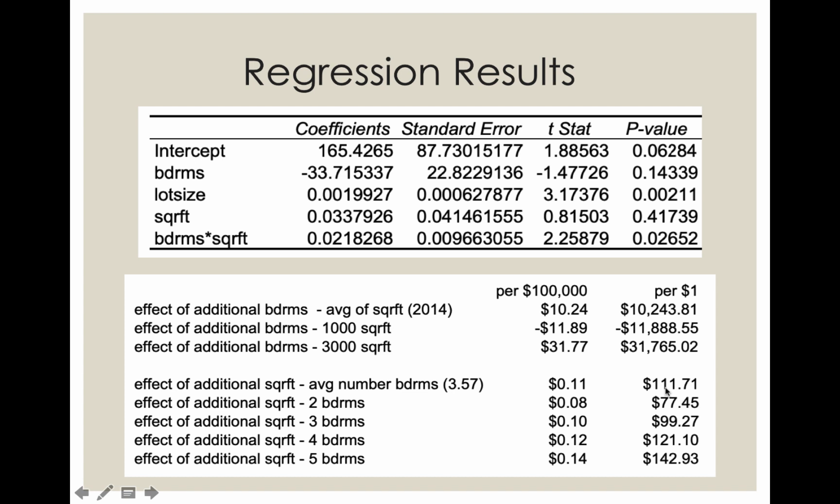So we can see that for the average number of bedrooms, which is 3.57, basically if I have another square foot, the price of my house increases by about $112. If I have 2 bedrooms, it's about $77 for adding an additional square foot. If I have 5 bedrooms, adding an additional square foot yields an additional $143 added to the price of our house.